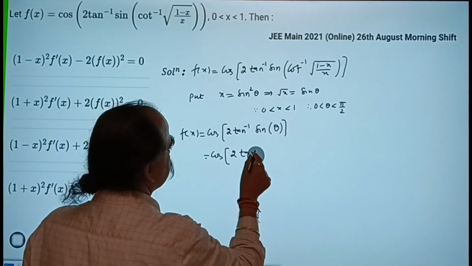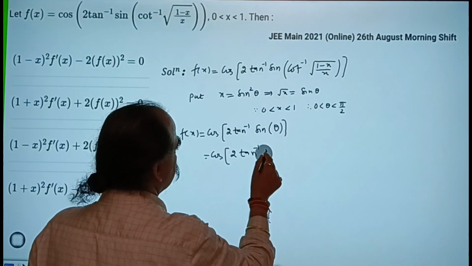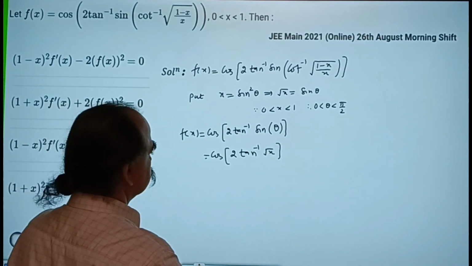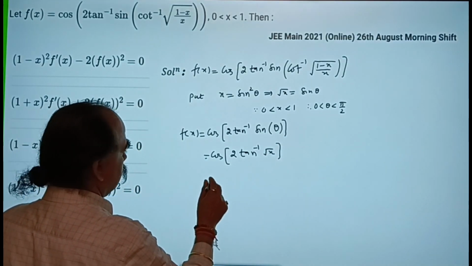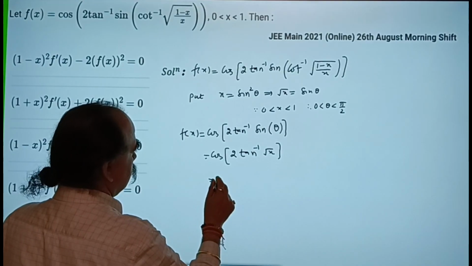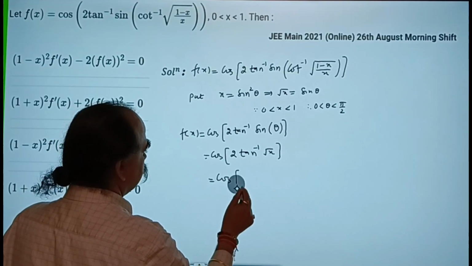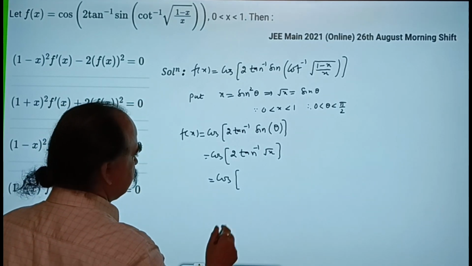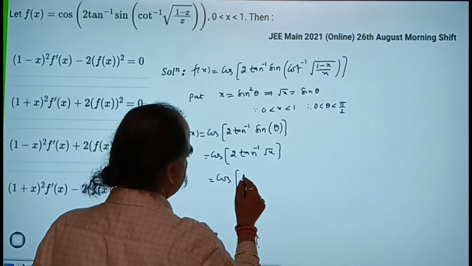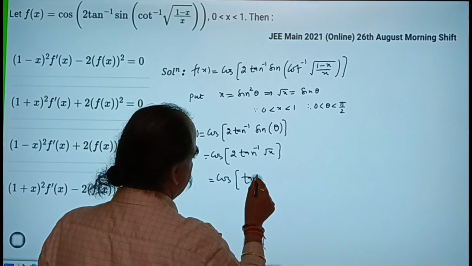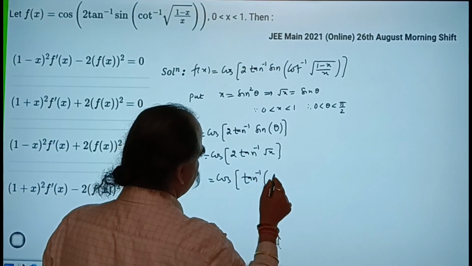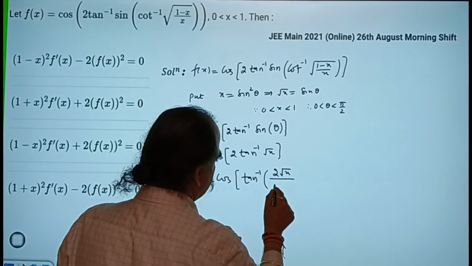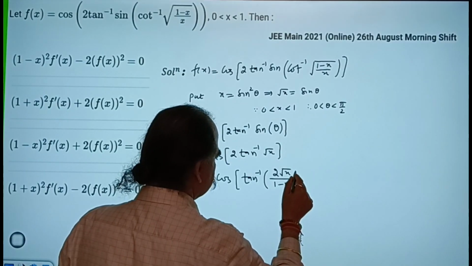2 tan inverse of root x. Cos of 2 tan inverse root x is what? Tan inverse of 2 root x upon 1 minus x.